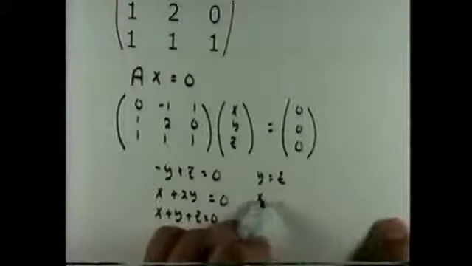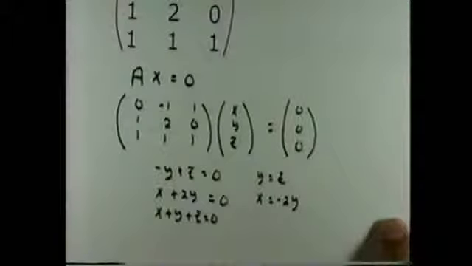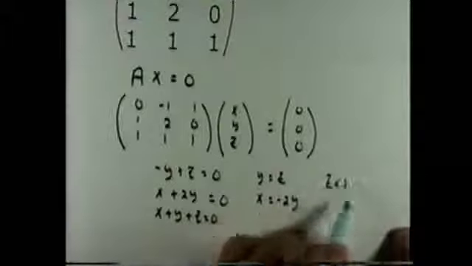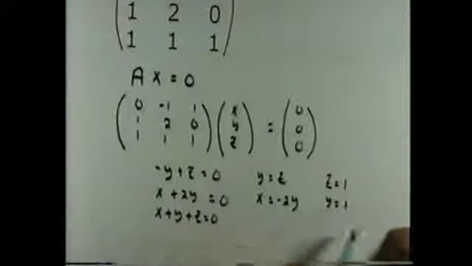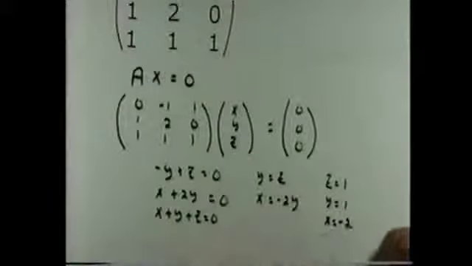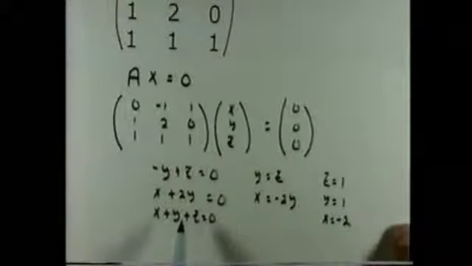Here I can see that x is negative 2y. Well, let's let z be 1. If z is 1, then y is 1. If y is 1, x is negative 2. Let's make sure the last equation works. Negative 2 plus 1 plus 1 is 0, so it does check.